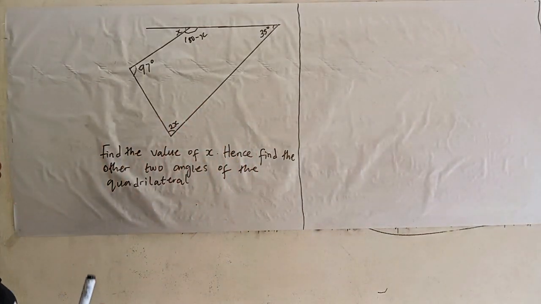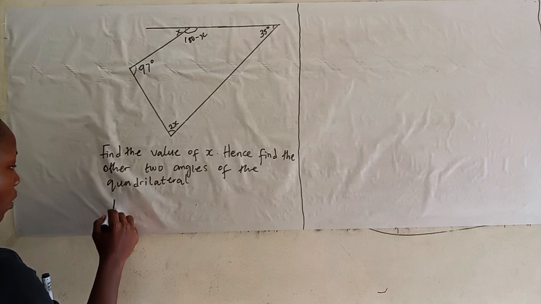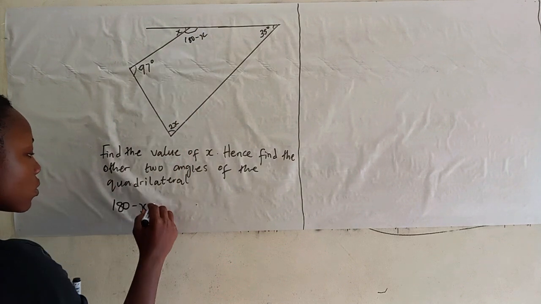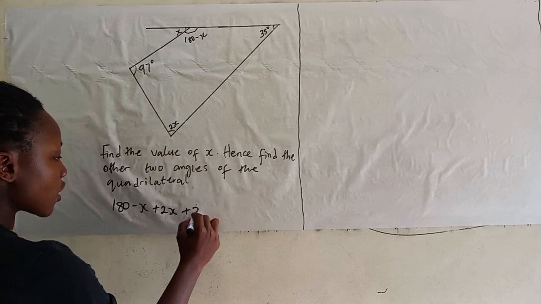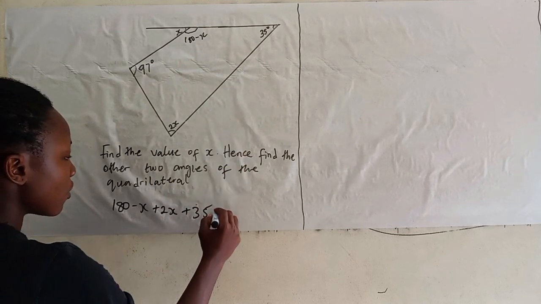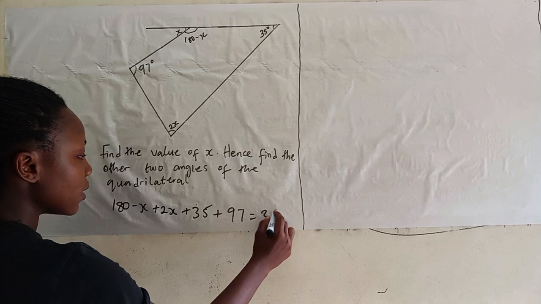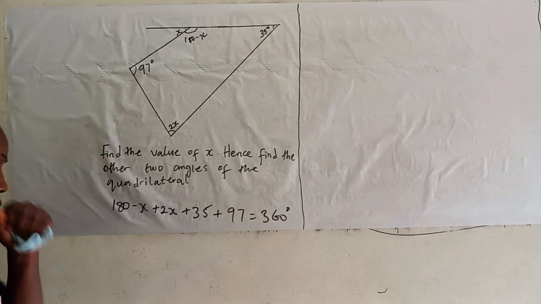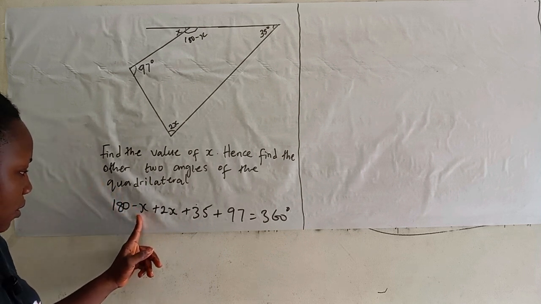So we are going to have, adding all these angles, 180 minus x, that's for this one, plus 2x, this one, plus 35, and plus 97 equals 360 degrees. All right, so what we are going to have here is minus x, right?